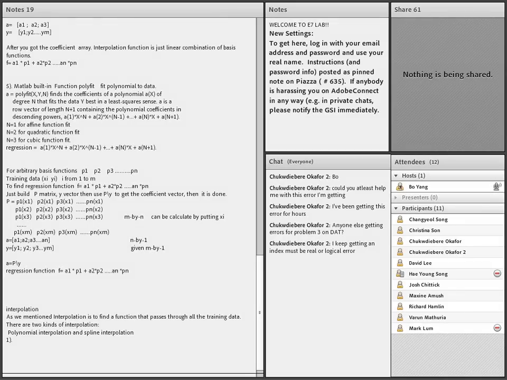In the general case, we want to use an nth degree polynomial, which has n plus 1 parameters, to approximate the n plus 1 data points.